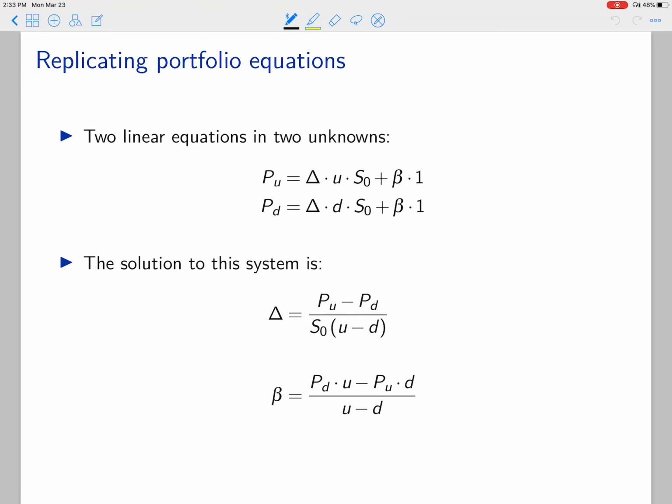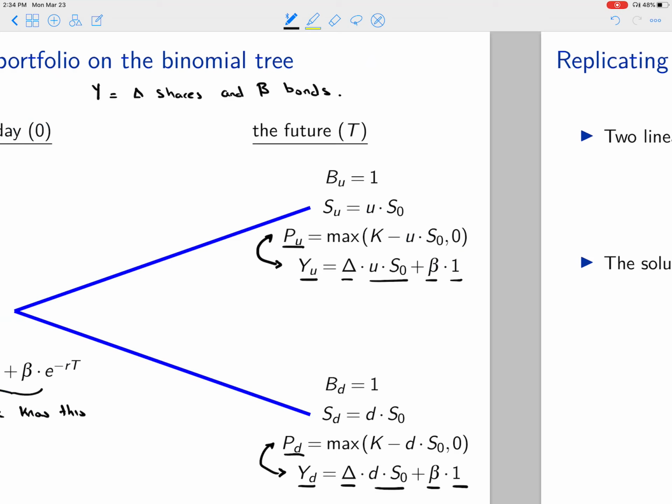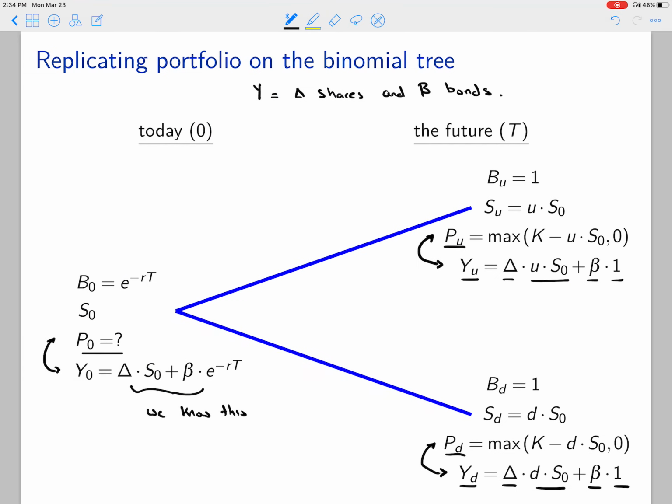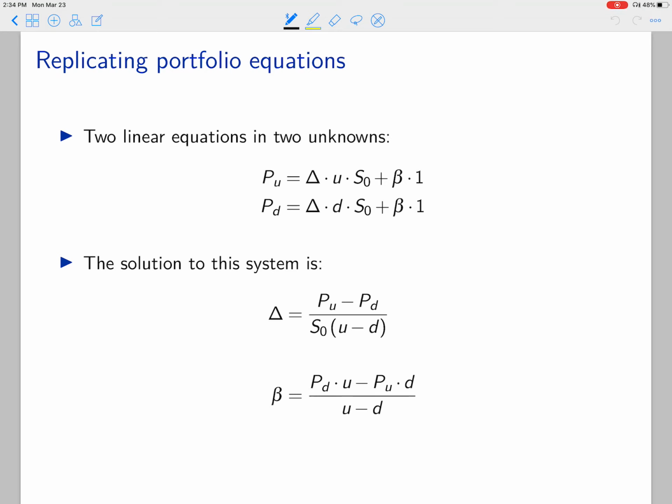Now we're going to solve for the optimal delta and beta that mimic the payoff to the put option. To do this, we set up a system of two linear equations.